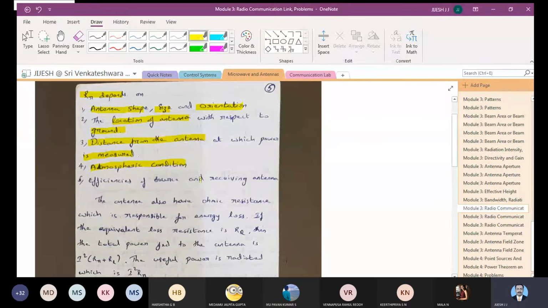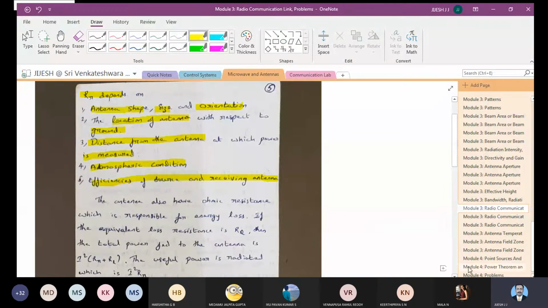So these are the five key points: the shape, size and orientation of the antenna, the location of the antenna with respect to the ground, the distance at which the power is measured, atmospheric conditions, and the efficiency of source and receiving antenna.